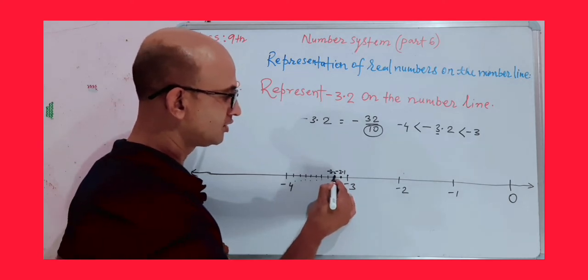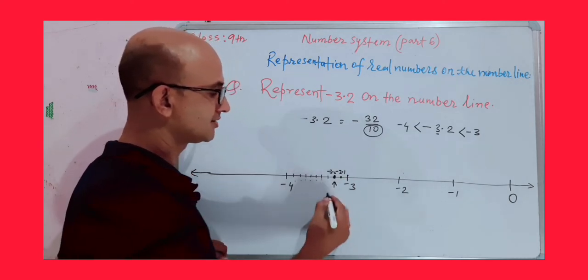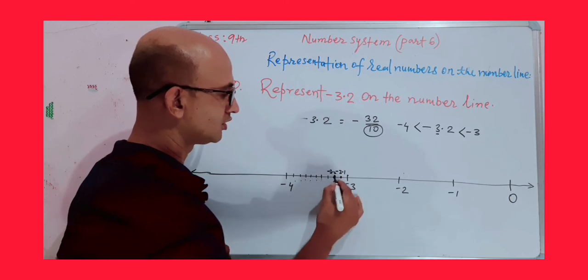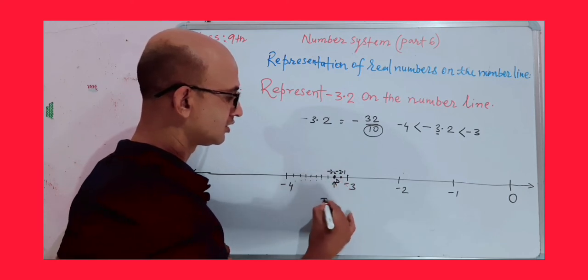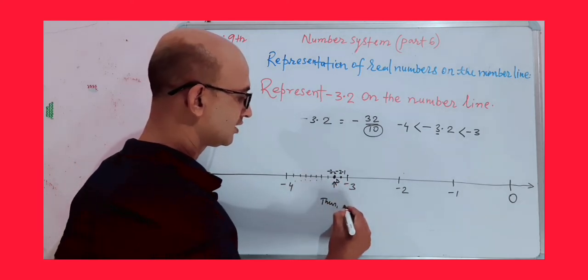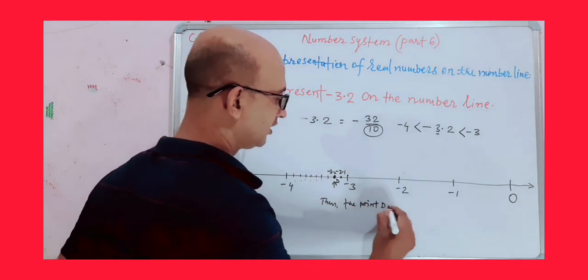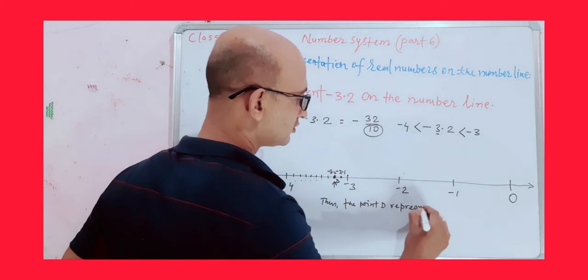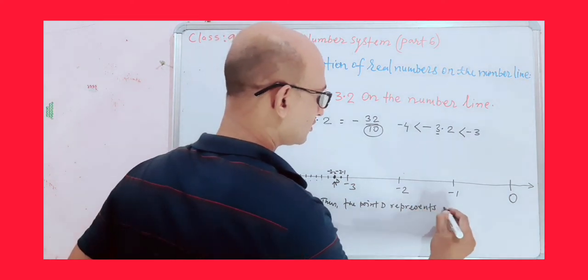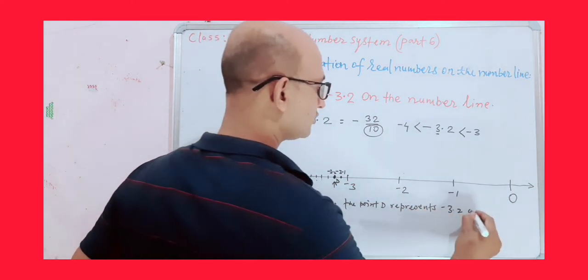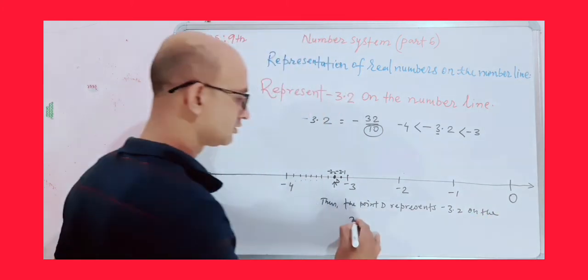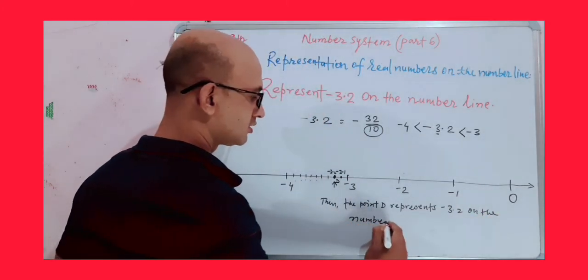Therefore, this point represents minus 3.2. Name this point as D. Thus, we can say that the point D represents minus 3.2 on the number line.